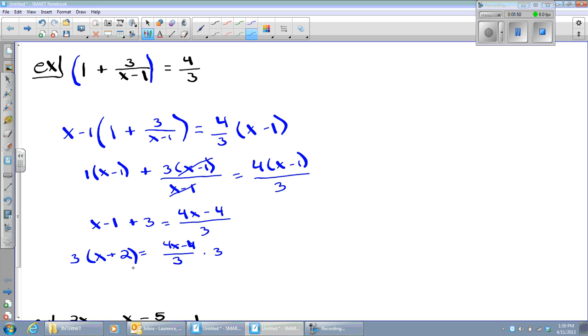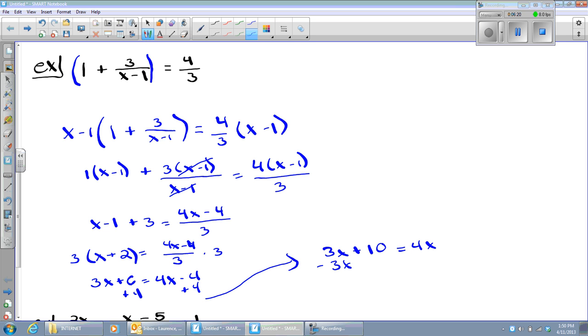We're going to distribute this 3 to the x and the 2, so 3x plus 6 equals 4x minus 4. We're solving for x, so we're going to add 4 to both sides. Here, let's move my work over here. So now we have 3x plus 10 is equal to 4x. Going to subtract the 3x.